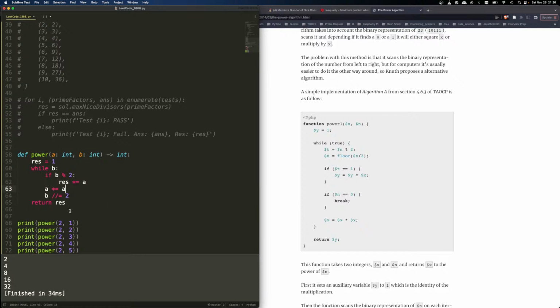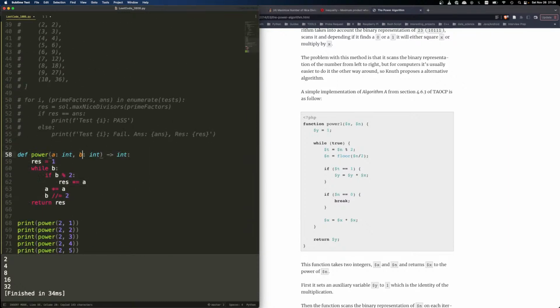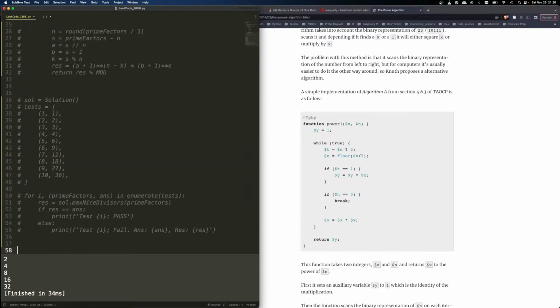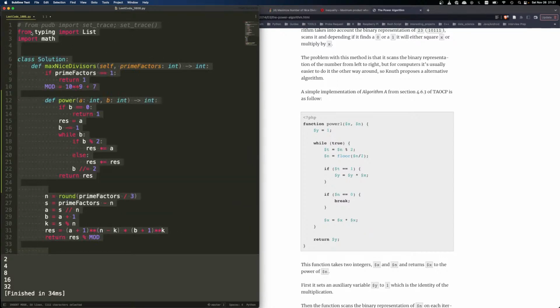Okay, that makes sense now. Yeah, if you think about it, you have that many numbers, and then you just divide by 2, divide by 2, divide by 2. But during the time of dividing by 2, sometimes we just add another A into it, and we just keep dividing by 2.